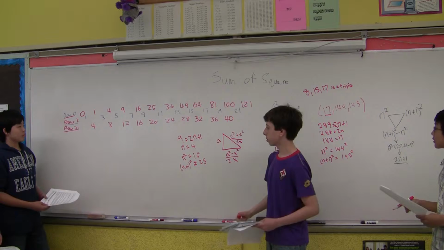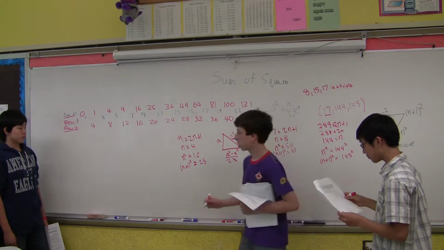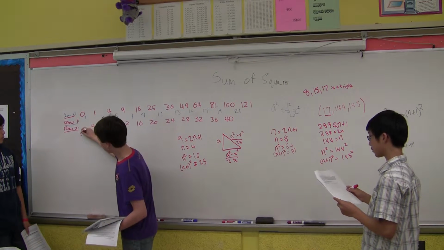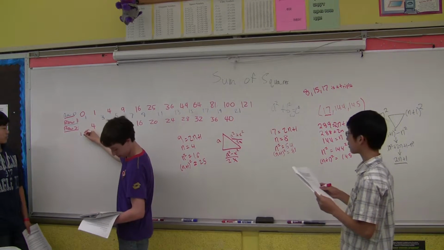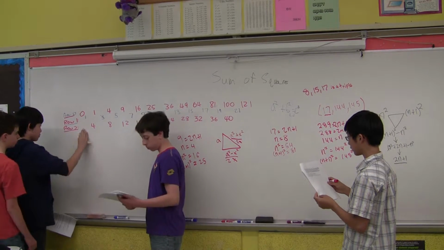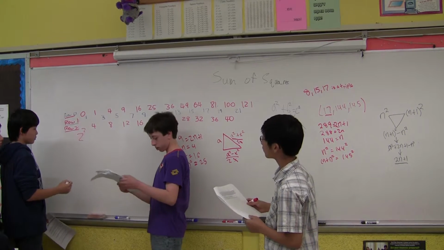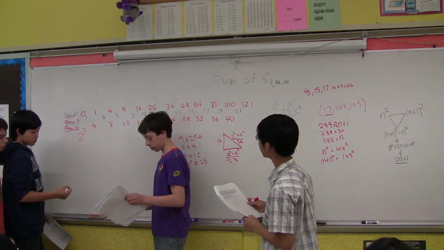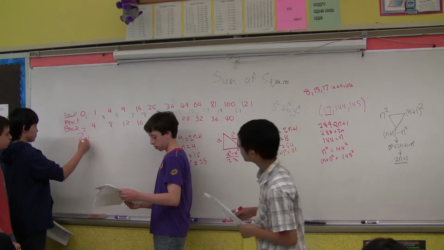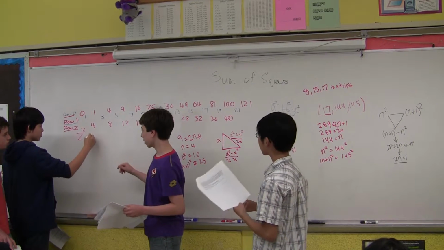And because this is true, any number in row 2 is going to be 2 squared plus 4 times 2 plus x.